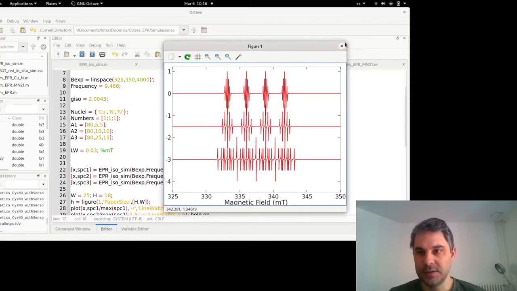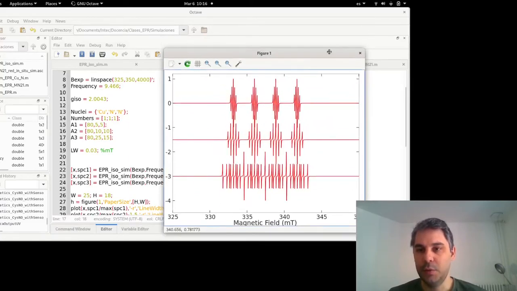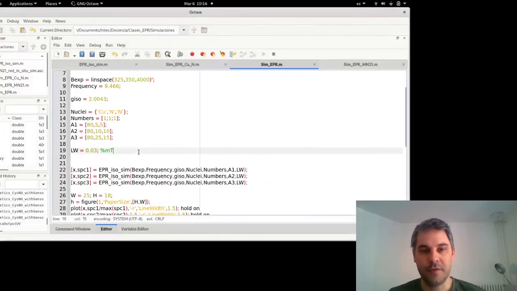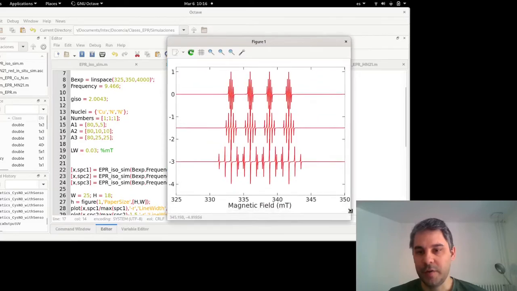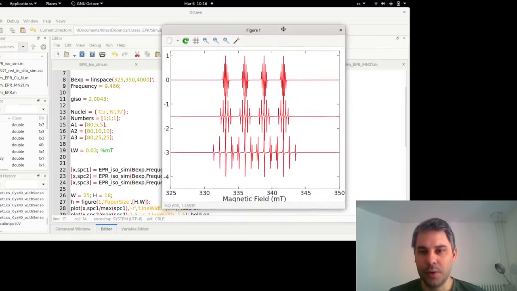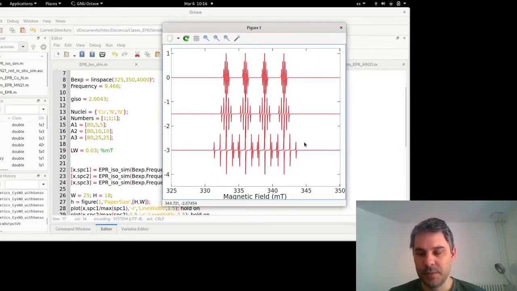So this is hard to know beforehand what it could come from. If we put both together, like 25 and 25, they will be partially overlapped. And when you have this kind of spectra, simulation and a knowledge of the structure of your molecule is very important. It's very hard to guess what are the nuclei in there.